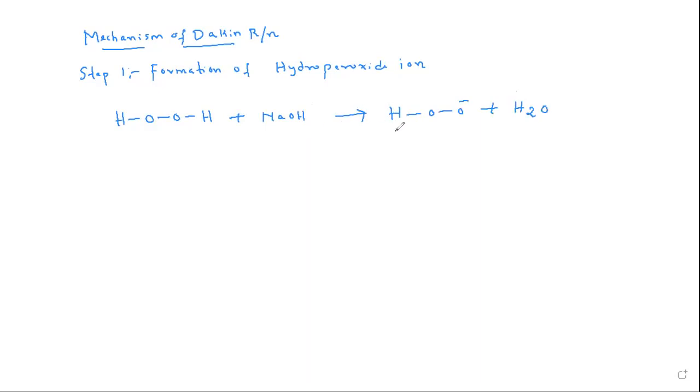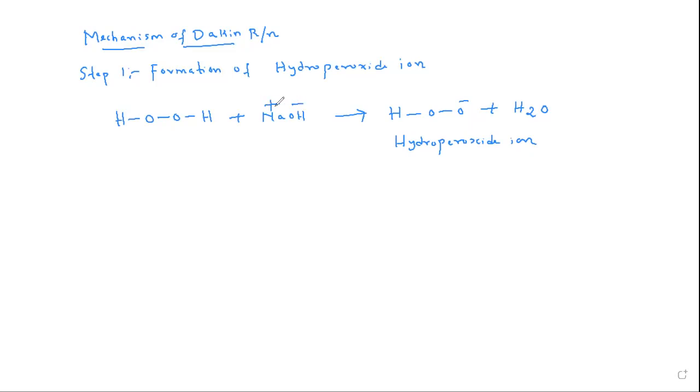Okay, so now listen. So this is your first step, formation of hydroperoxide ion. So initially what happens is the sodium hydroxide will undergo dissociation process to form Na plus and OH minus.